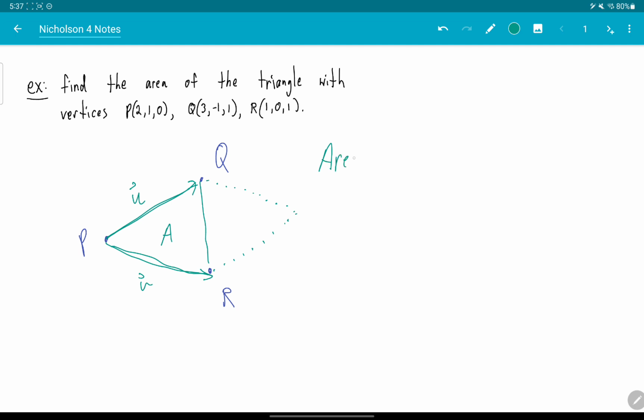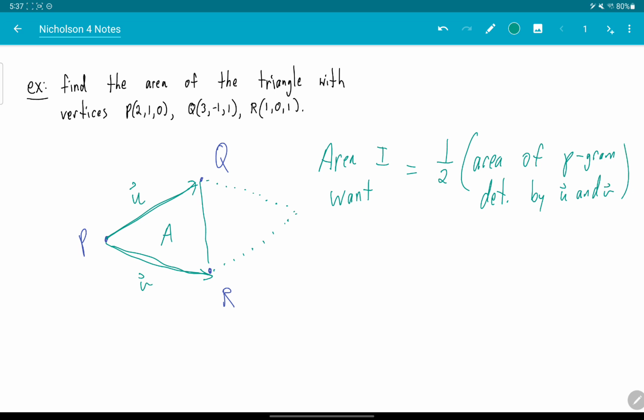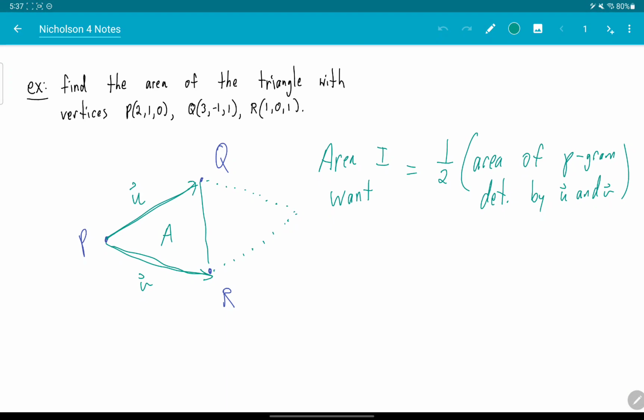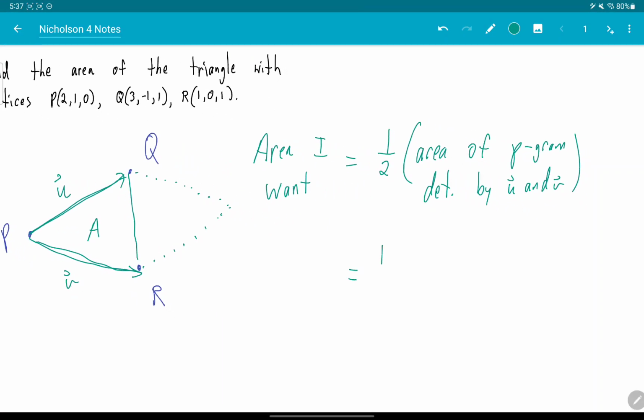So we could say area equals 1/2 the area of the parallelogram determined by u and v. So that's a half times the length of u cross v.